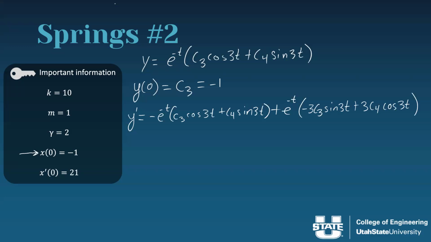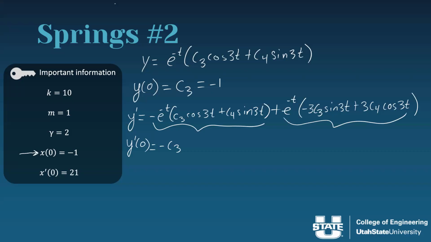All right, everyone agree that that's the derivative? All right. So now we plug in 0 for t yet again. For this portion, we have a minus sign out front. And what happens to our cosine? 1. So we just get minus C3 out of that.